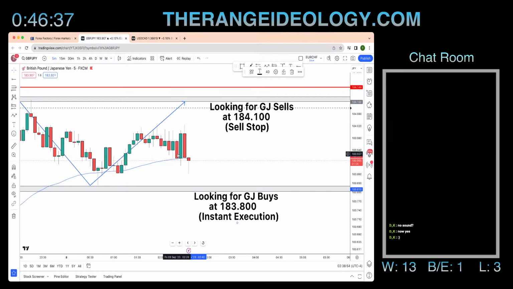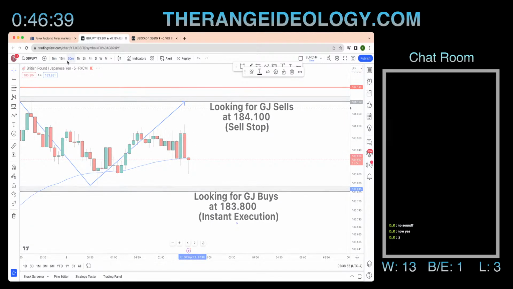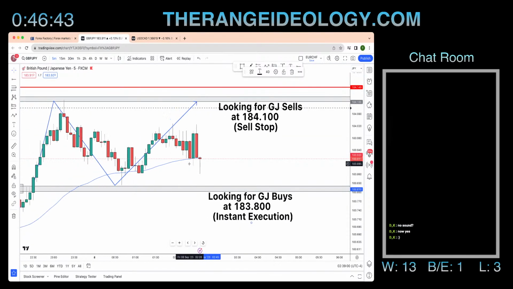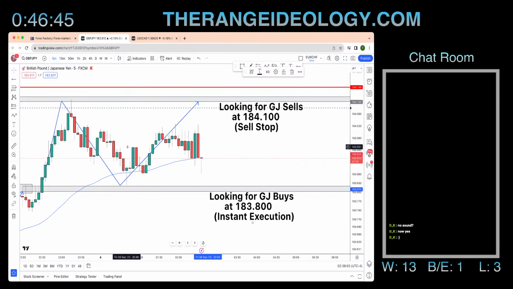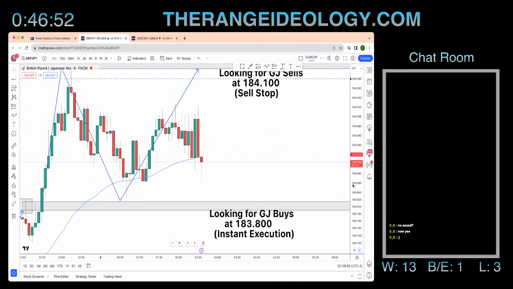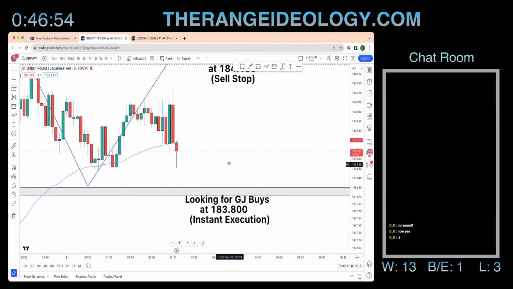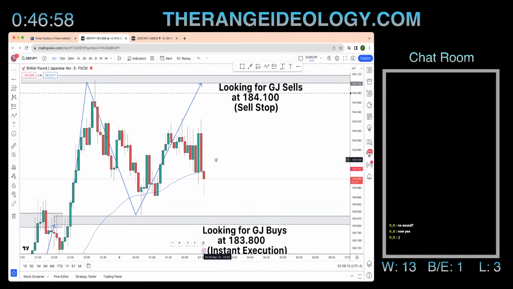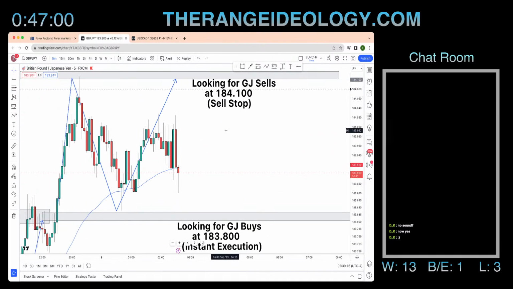But for right now, GJ is still caught up in this small consolidation zone. There's a 30-minute EMA tap and a 5-minute EMA tap here. So again, right here, 9-10 pip consolidation zone. But the reason why I reacted with this GJ buy here is because this certainty of the range looks pretty valid, right?